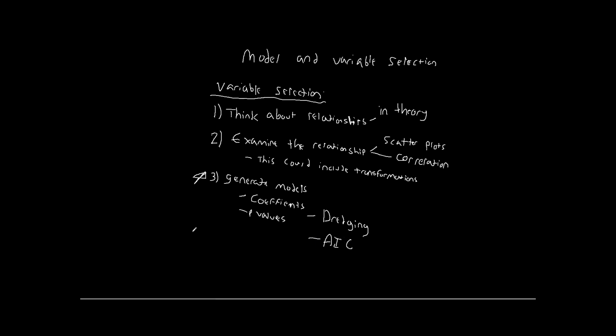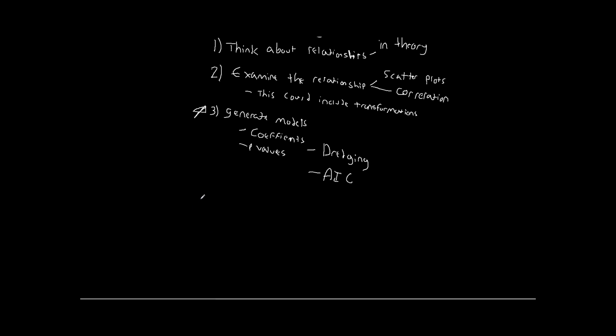And then, once we've figured out what variables we need to keep, we need to go into this idea of model selection. So dredging, AIC, coefficients, and p-values are going to tell us what models we want to keep, what variables we want to keep. This is going to be in an OLS framework.